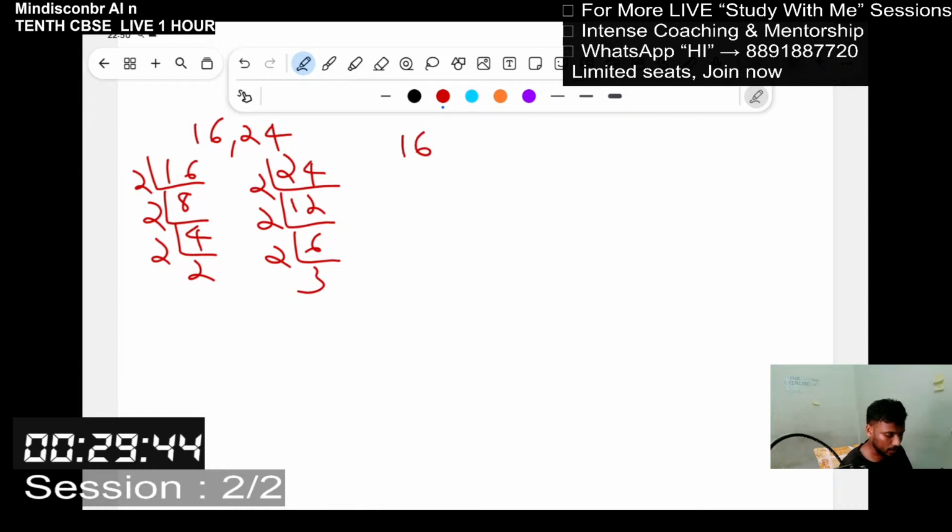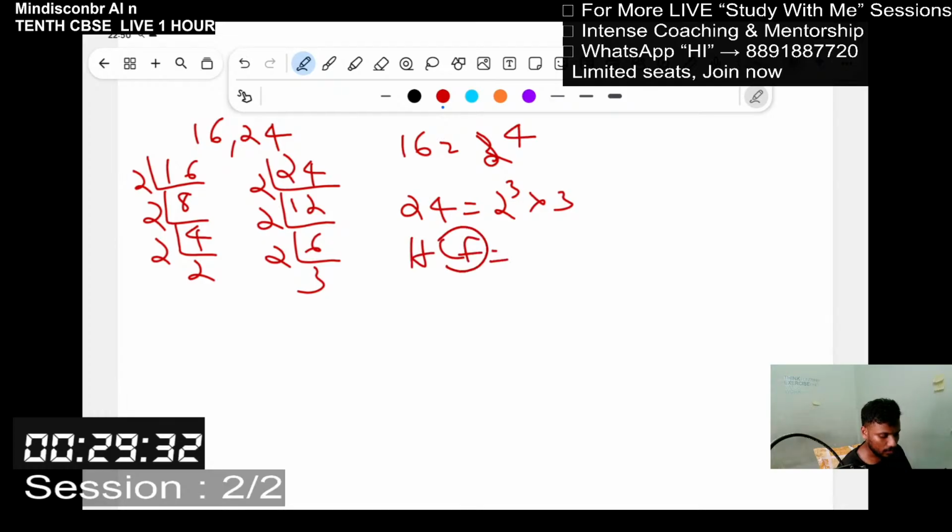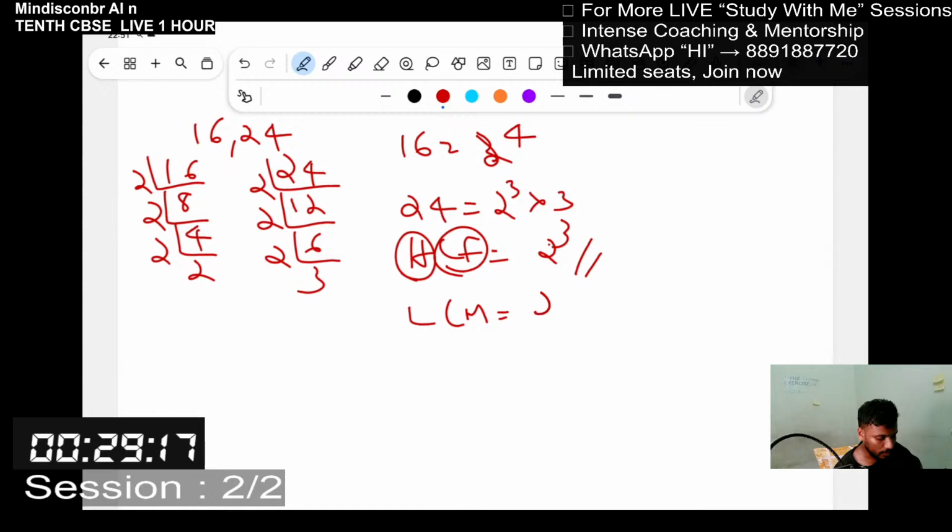So 16 is equal to 2 raised to 4, and 24 is equal to 2 cube into 3. HCF is the highest common factor, only 2, and in that we take the lowest power, that is 2 cube, which is 8. And LCM we take all factors, and in 2 raised to 4 and 2 raised to 3 we take the highest, 2 raised to 4, into 3. Here it is 8, and here it is 16 into 3, that is 48.